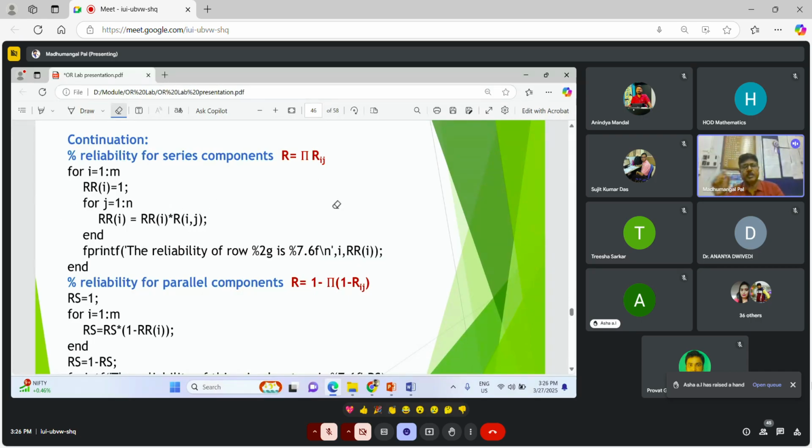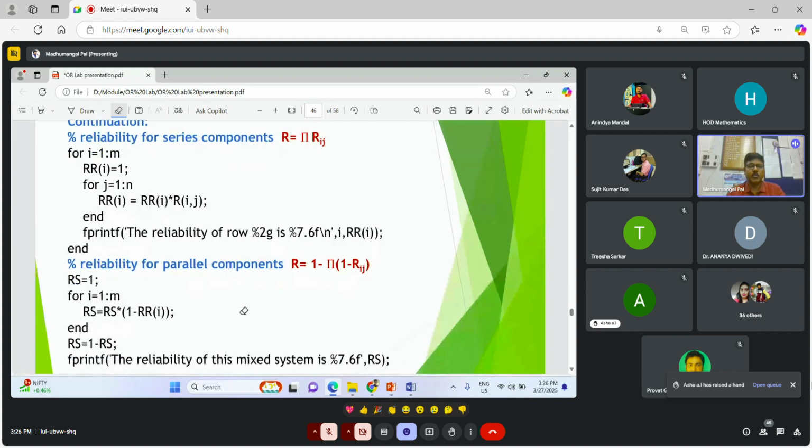We have multiplied the reliability of each component in a particular row. RR1 represents the reliability of the components in the first row, RR2 the second row, and RR3 the third row. All these are calculated here.